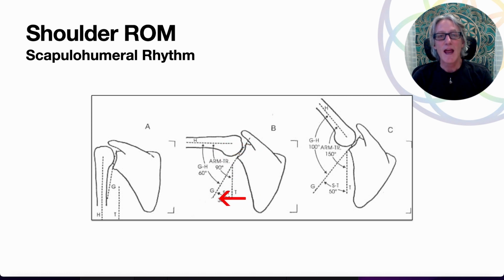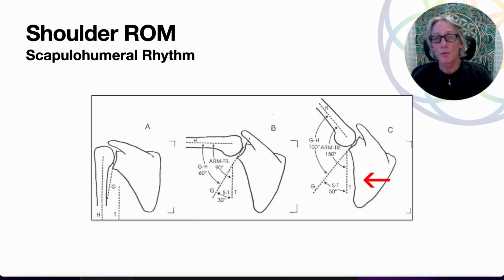Then after that, for every 2 degrees of arm abduction, we need a degree of scapular rotation, all the way up till the arm gets to 180 degrees. Often that is not happening in people. So their scapulae are not rotating properly.